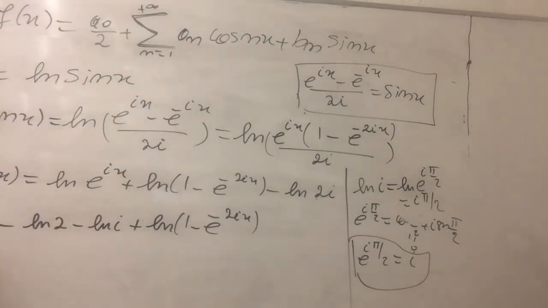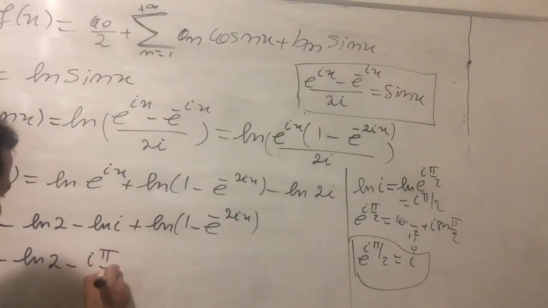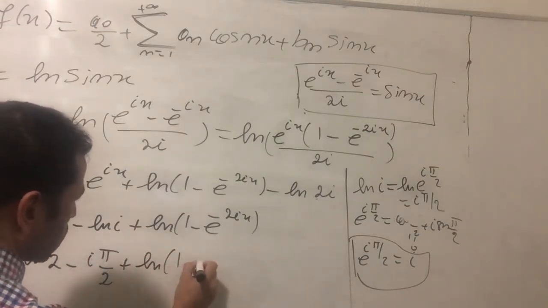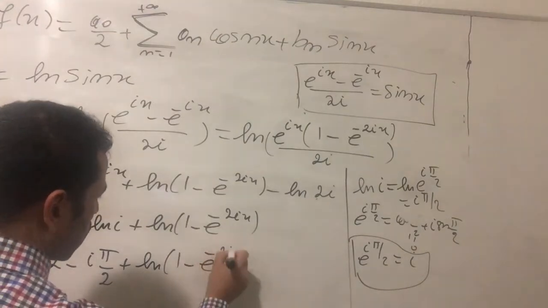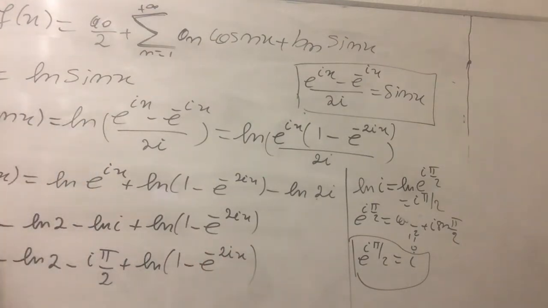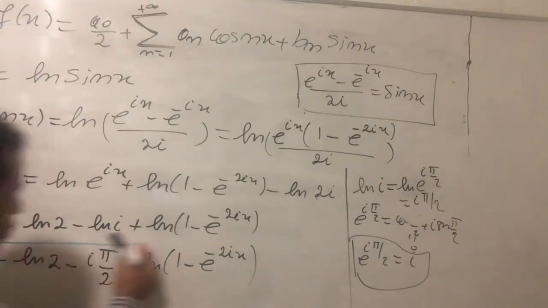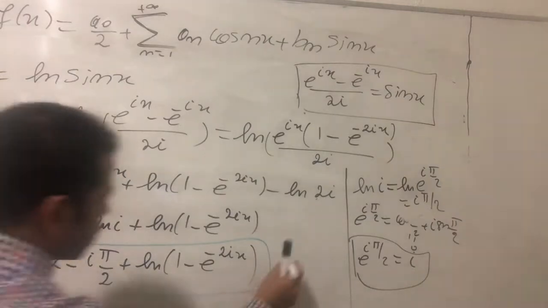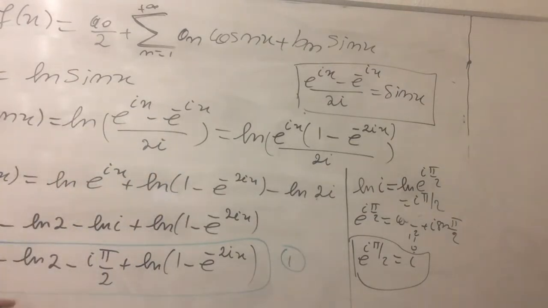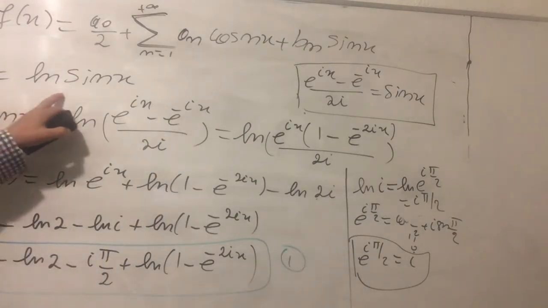So I will have ix minus natural log of 2 minus i pi over 2 plus natural log of 1 minus e to the minus 2ix, okay? So this is the first equation. This whole thing equals natural log of sine x.